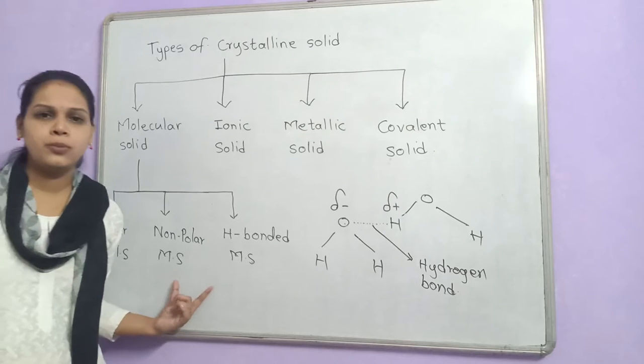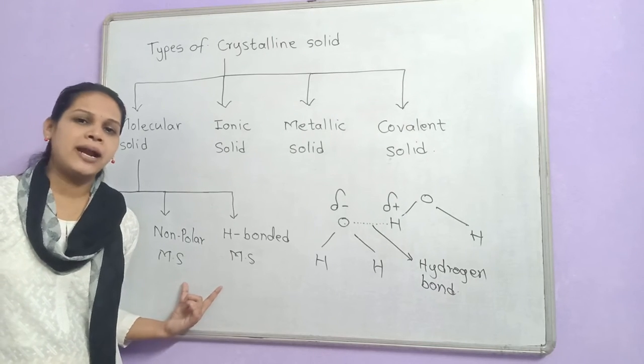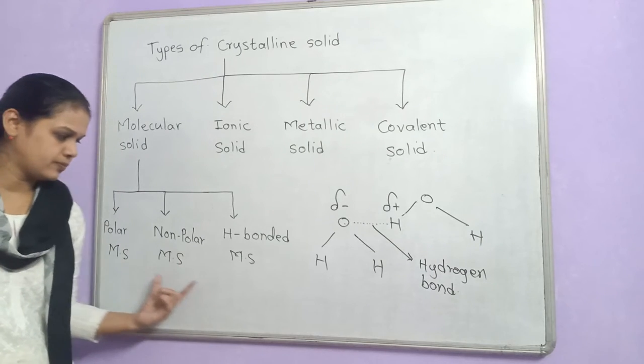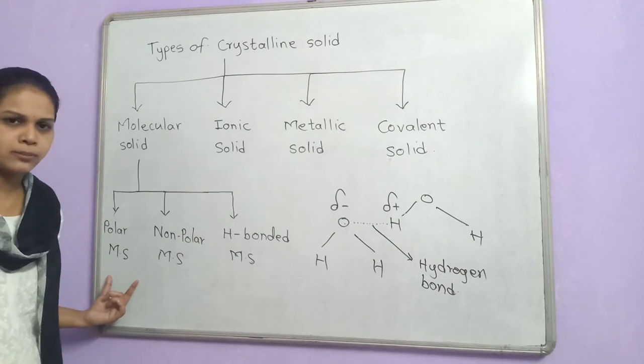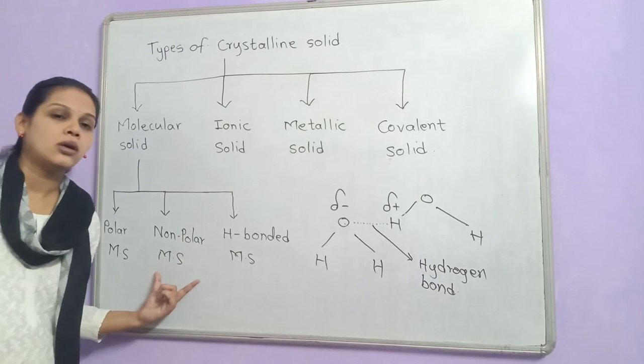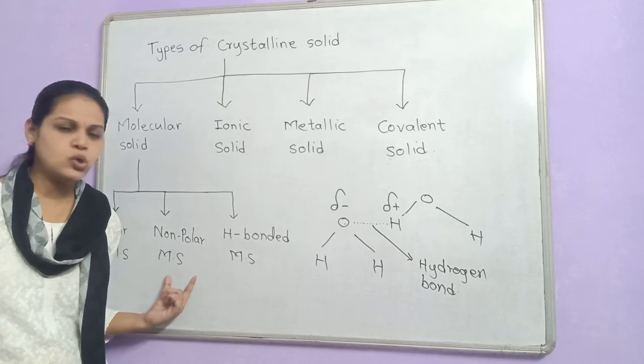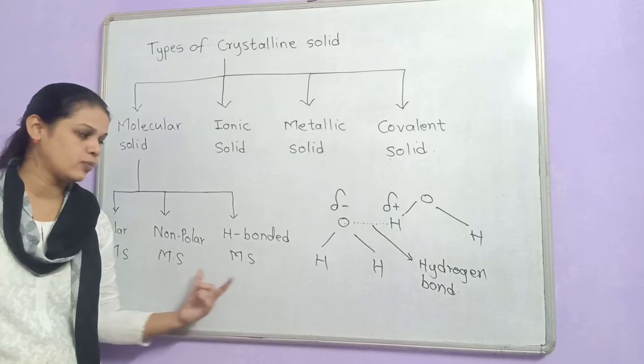Both polar and non-polar molecular solids are soft in nature. They are bad conductors of electricity. An example of a polar molecular solid is HCl crystal. An example of a non-polar molecular solid is hydrogen H2 or Cl2.